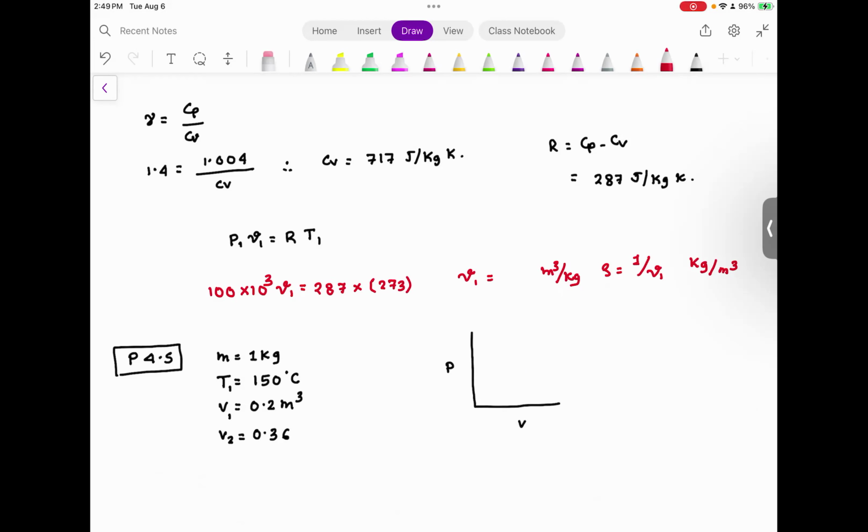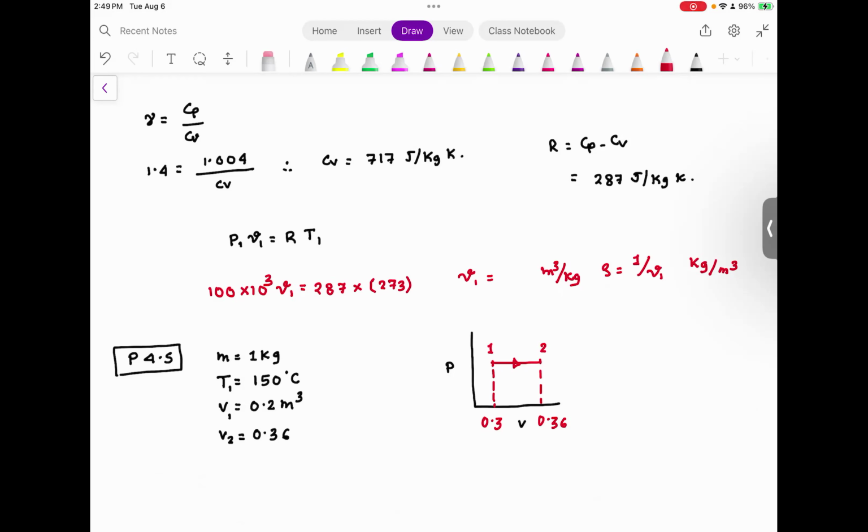So if I were to show this process on a PV diagram, you had a constant pressure expansion. So this was 0.3. This is 0.36. And the process went something like this.